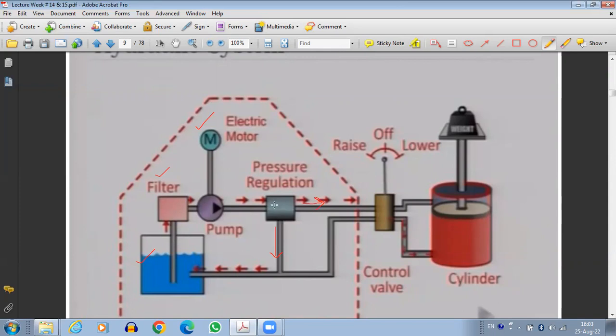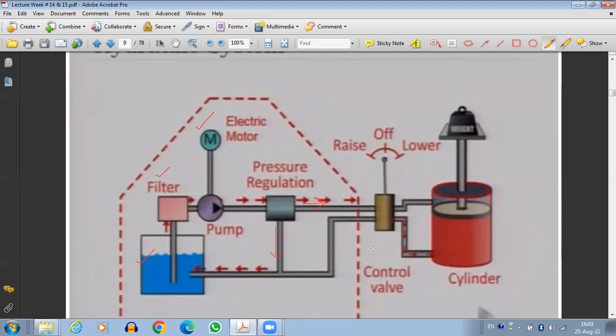The pressure regulation ensures that the right amount of pressurized fluid leaves the pumping system. And then this pressurized fluid is going to pass through the control valve.